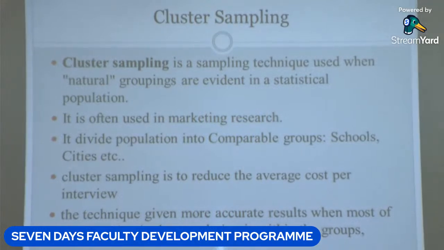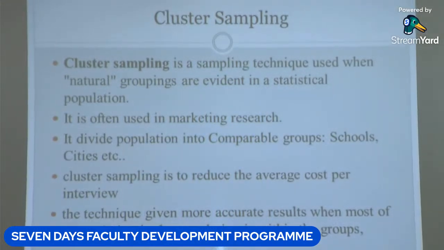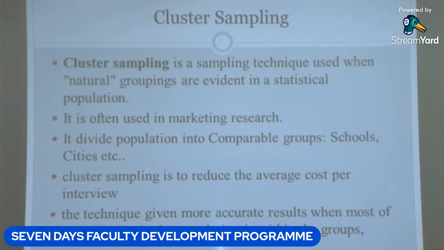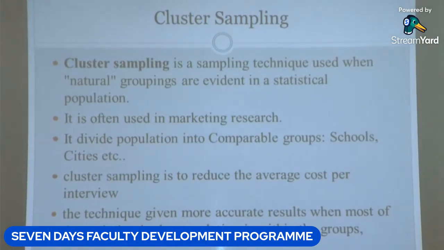If we are able to cluster the target population based on some criteria, then we can use this technique. It is often used in marketing research, dividing the population into comparable groups, like schools, cities or so on. Cluster sampling is used to reduce the average cost per interview. The technique gives more accurate results when most of the variation in the population is within the group.